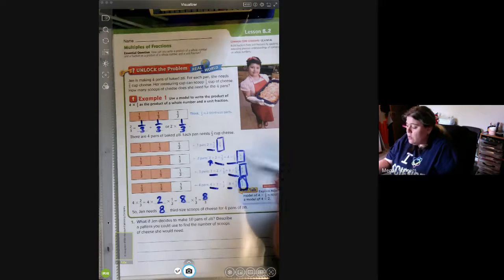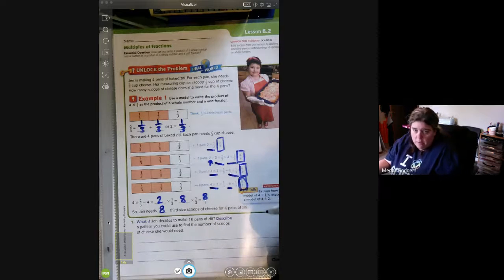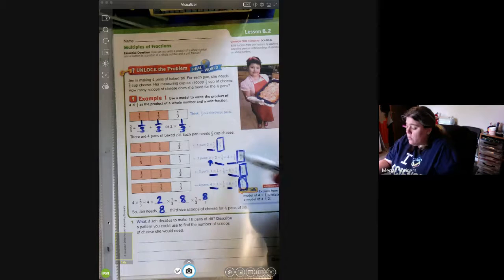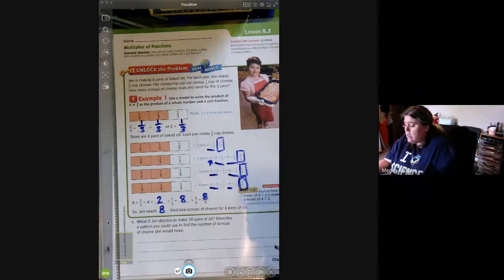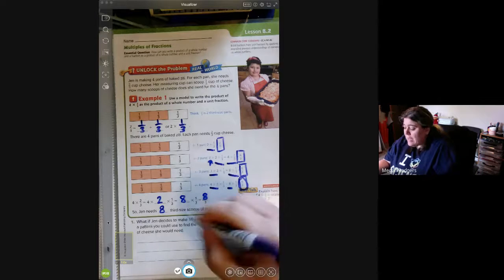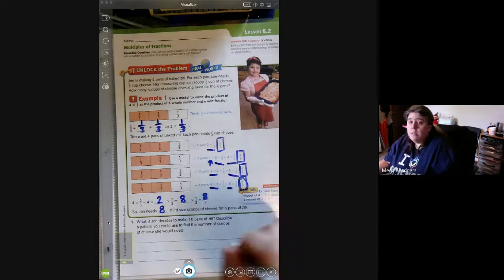So if we look at those numerators, they seem to have a pattern going. 2, 4, 6, 8. So what do you think the final pattern might be for how many scoops of cheese she would need to make 10 pans?